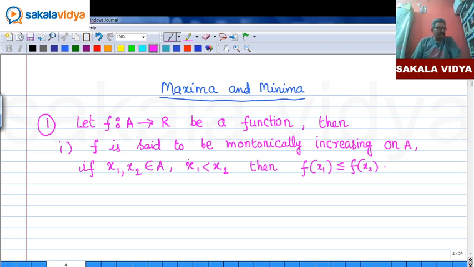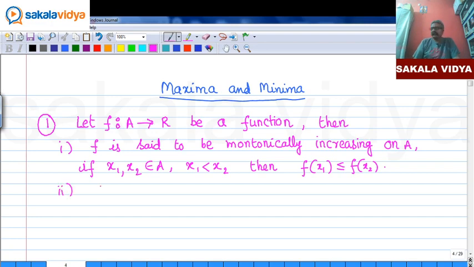So, if f maps A to R is a function, then f is said to be monotonically increasing on the domain A if, for any two elements x1, x2 belonging to A with x1 less than x2, f of x1 is less than or equal to f of x2. Then we say that f is a monotonically increasing function, or simply an increasing function.